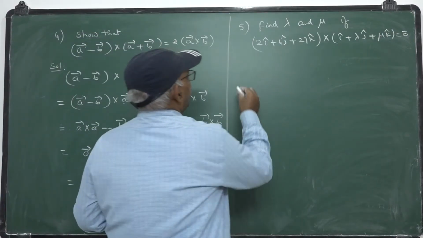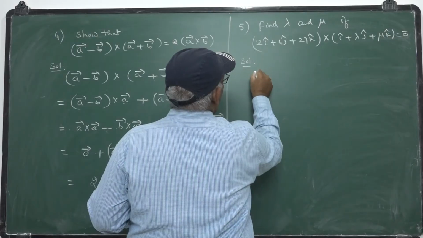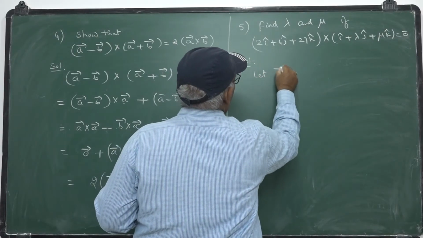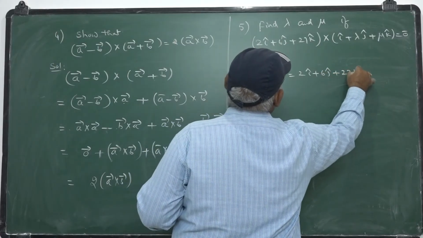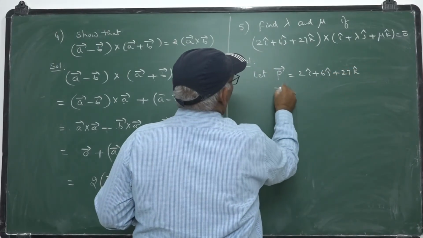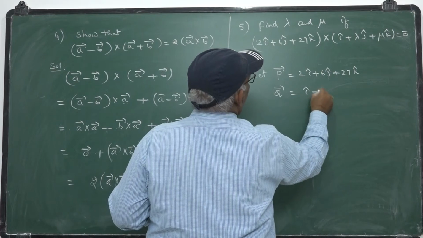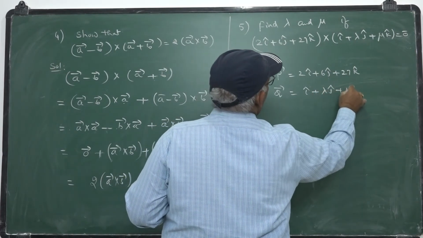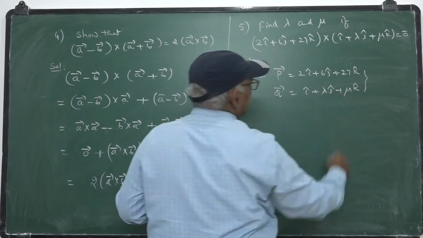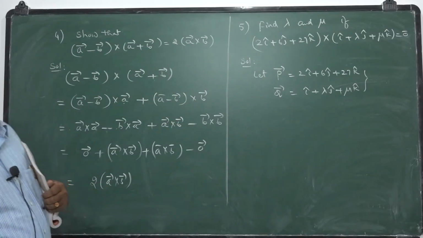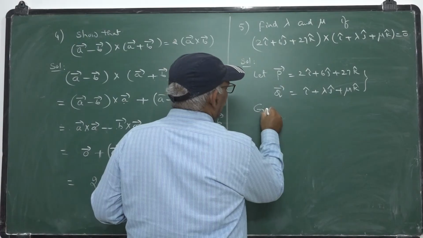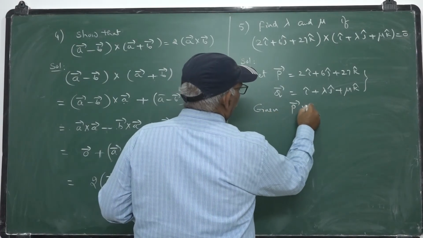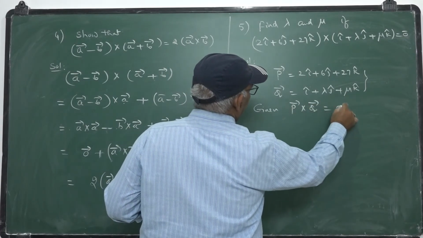Let us suppose P bar is 2i plus 6j plus 27k, and Q bar, the other vector, is i plus lambda j plus mu k. Let us suppose the two given vectors are P bar and Q bar. Given here, P bar cross Q bar is 0 bar.